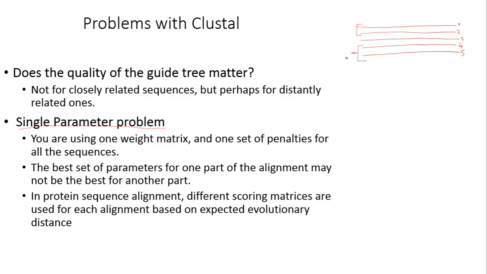In protein sequence alignment, different scoring matrices are used for each alignment based on the expected evolutionary distance between these sequences.